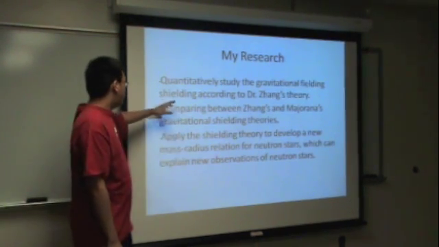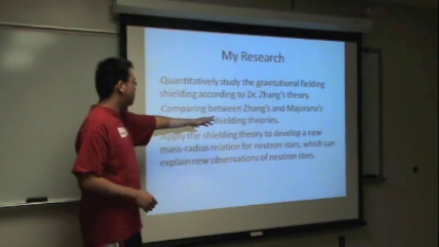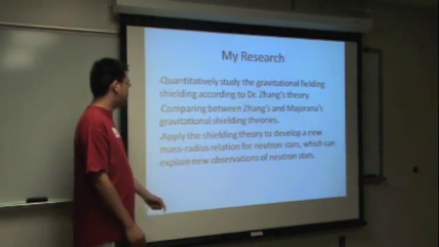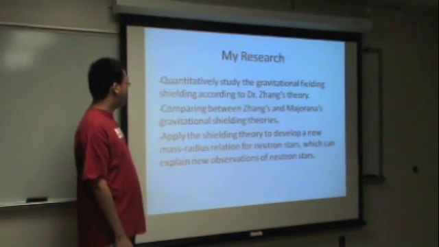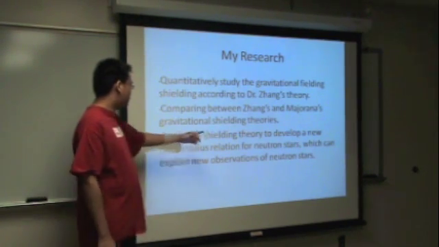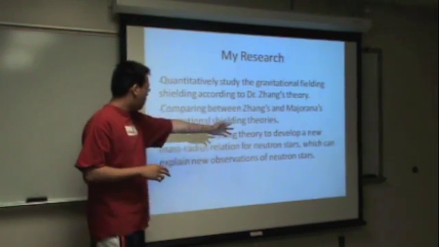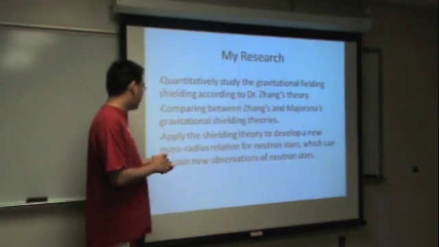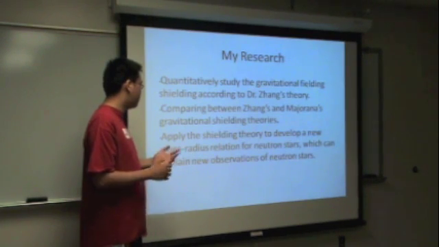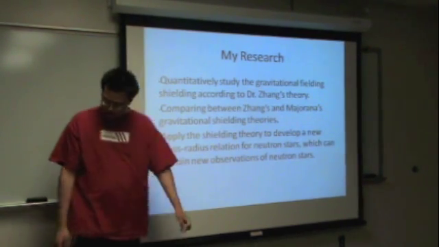In my research, I am quantitatively studying the gravitational field shielding according to Dr. Zhang's theory. I'm supposed to compare Zhang's and Majorana's gravitational shielding theories and apply that shielding theory to develop a new mass and radius relation for neutron stars.